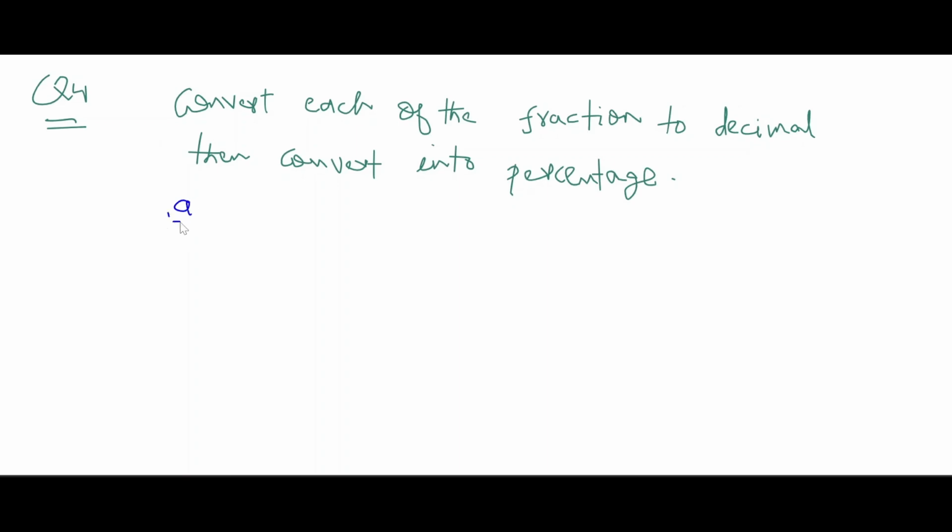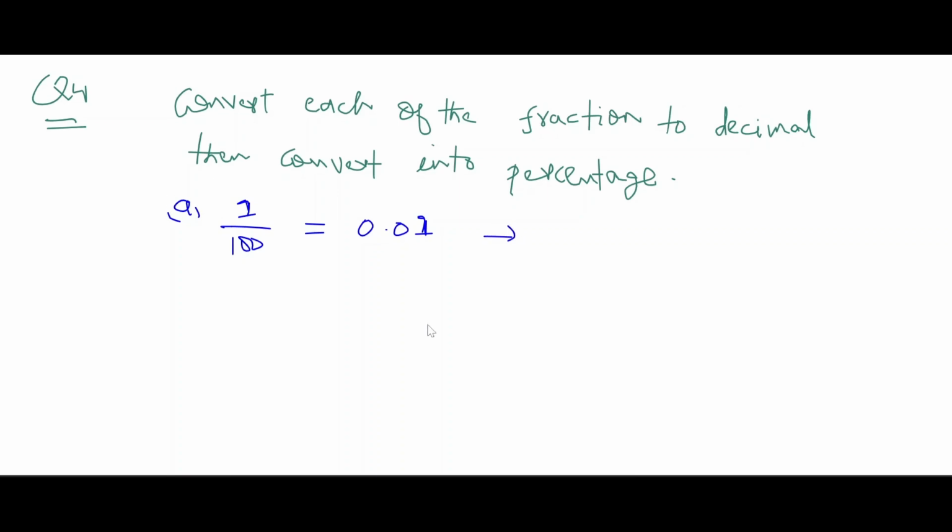We were given part A, 1 by 100. We were given a fraction, so we want to convert it into a decimal. In decimal form, it becomes 0.01. You can solve it.